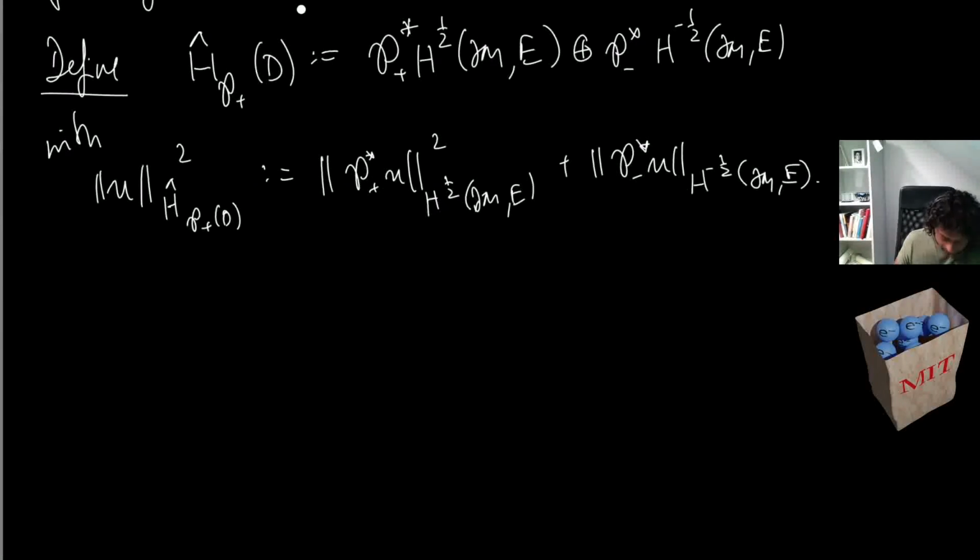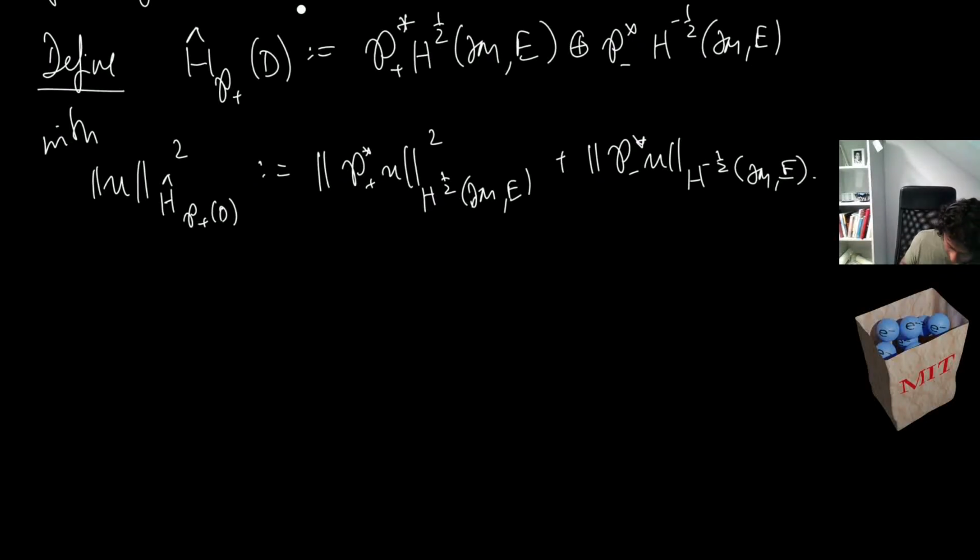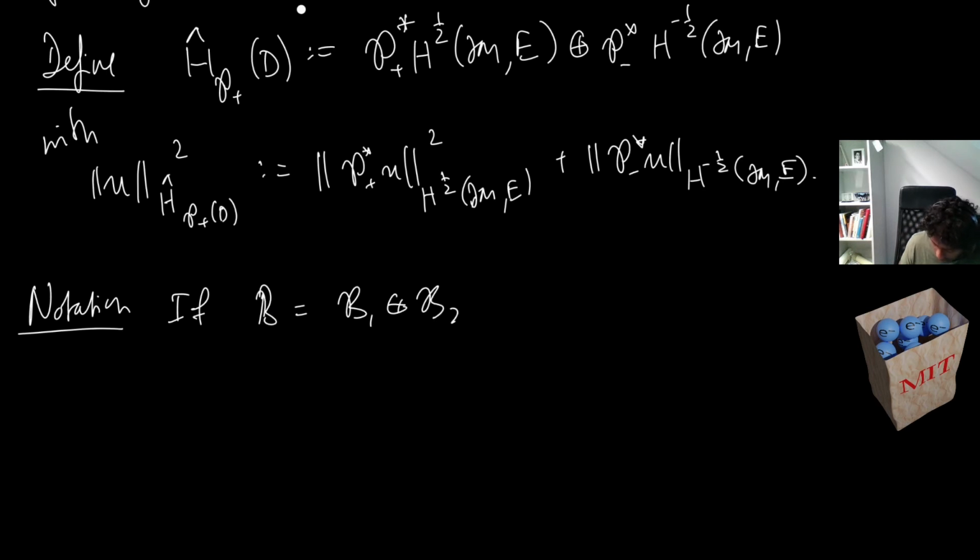All right. So just to fix our notation, I think we've already mentioned this before, but let's fix our notation. If we have a Banach space B, writing this sum means that we have bounded projectors that realize this.